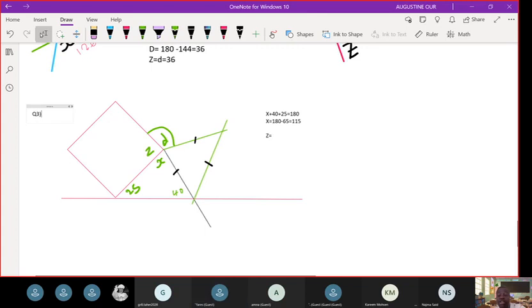Properties of a square. Squares have each corner equal to what in degrees? 360? No, each corner. In a square, these corners are 90 degrees. You don't know? So Z is 90, right? Because it is a square.